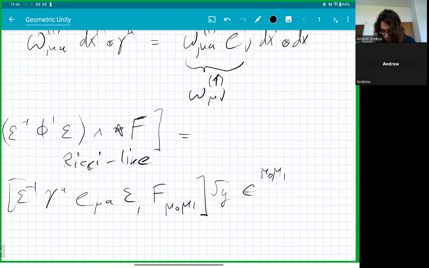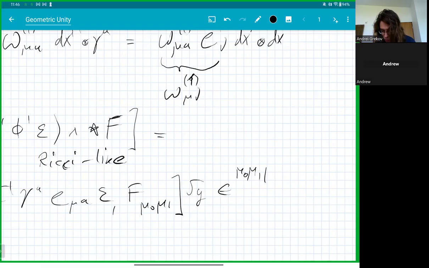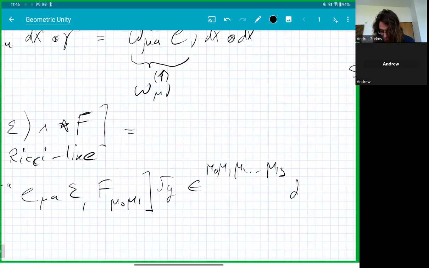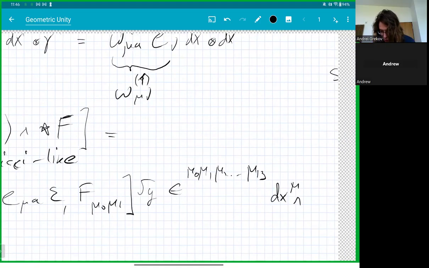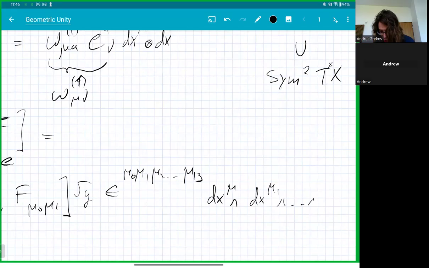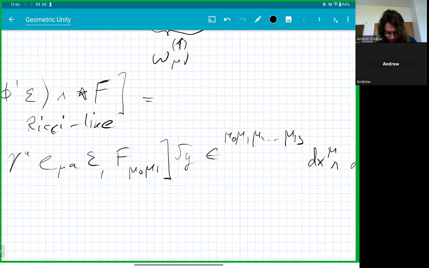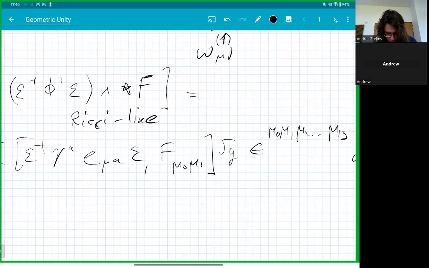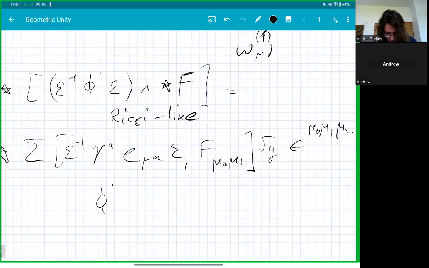Mu 0 mu 1 and mu 2 and so on up to mu 13, dx mu wedge dx mu 1 up to dx mu 13. Okay, so because the Shiab operator in a curved space probably looks like this, yeah.